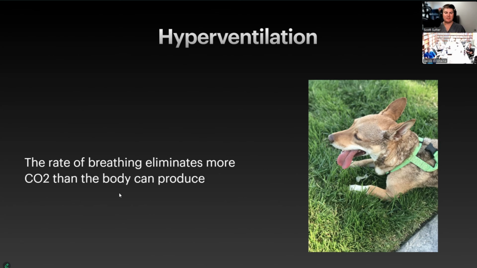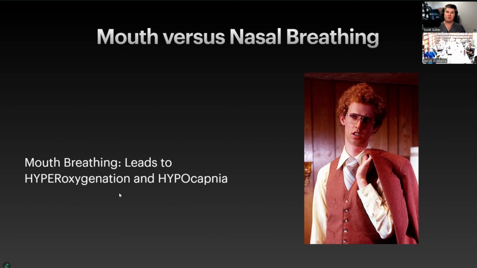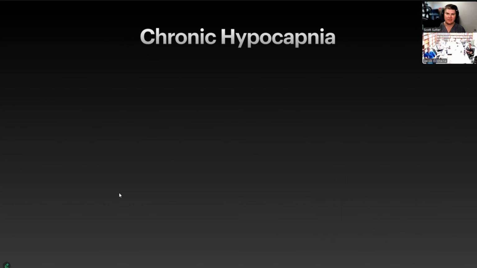And what happens is if our patients are chronically walking around hyperventilating, you're going to get rid of more carbon dioxide than the body can produce. And if you mouth breathe, you're going to have the hyperoxygenation, and you're going to have hypocapnia, which is a low amount of carbon dioxide.